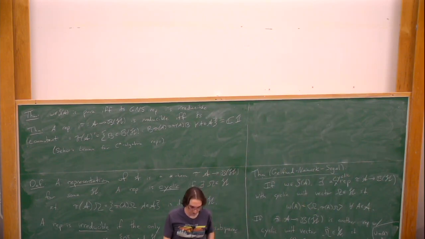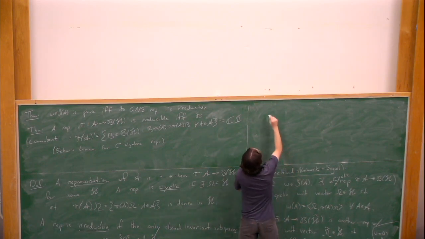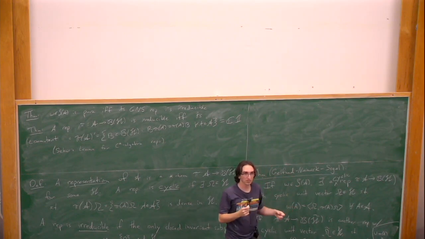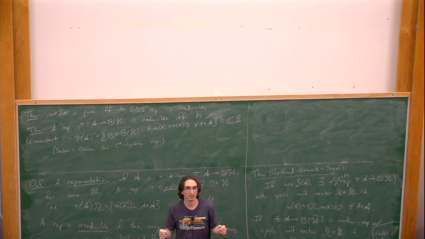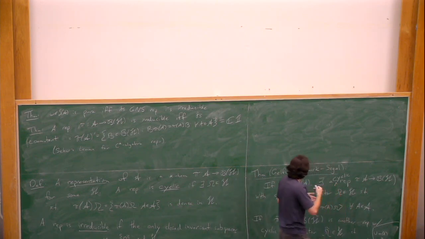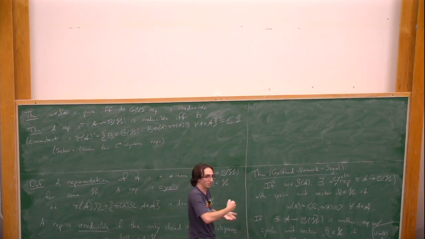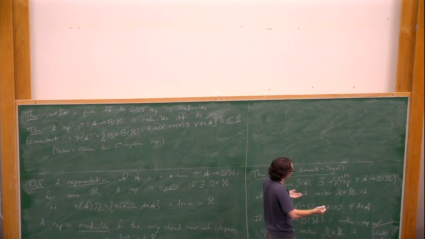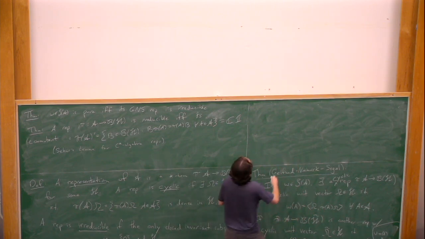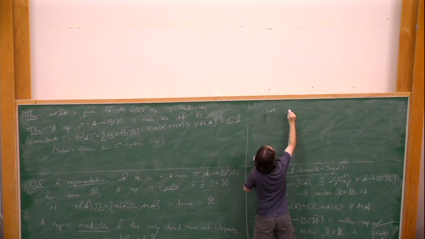OK, so the question was how to construct this Hilbert space. The first thing to do is to look at all the operators that annihilate the state. This GNS Hilbert space is the space of states that you get by acting with local operators. But if you kill the state completely, then that doesn't really get us a new state. So the first thing to do is to look at this set.